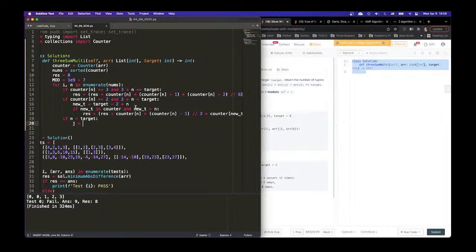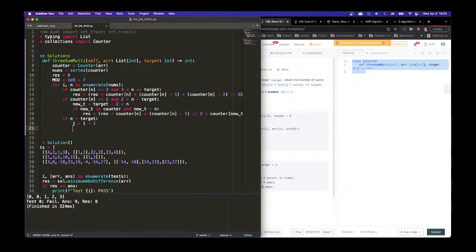Maybe we can do, so like if I take 1, yeah, they have to. So j will equal I plus 1, right? And that's a 2 sum problem.